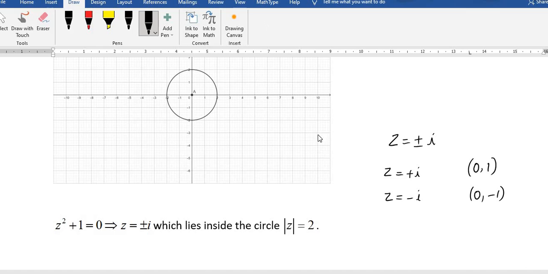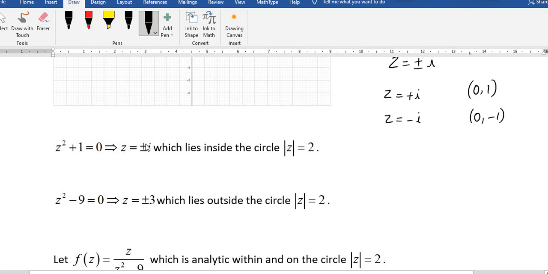That means this point lies within the circle mod z equal to 2. (0, minus 1) means this point also lies inside the circle mod z equal to 2.